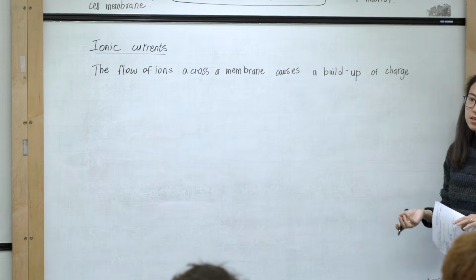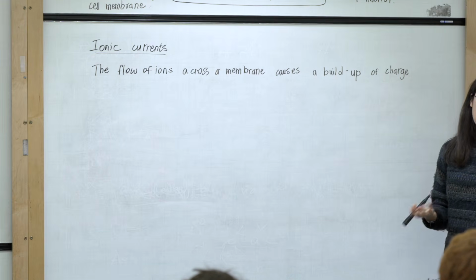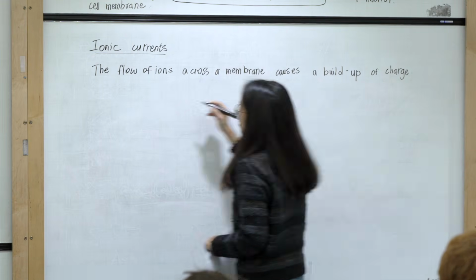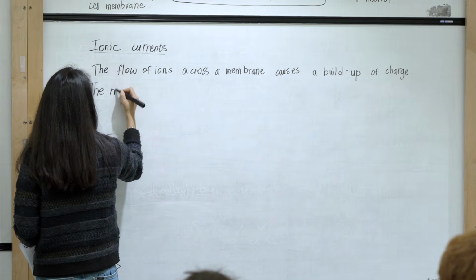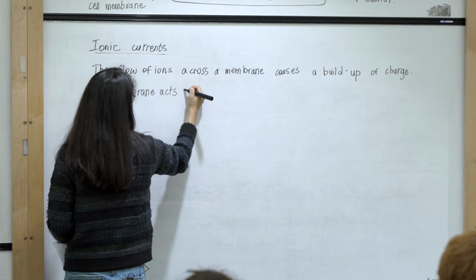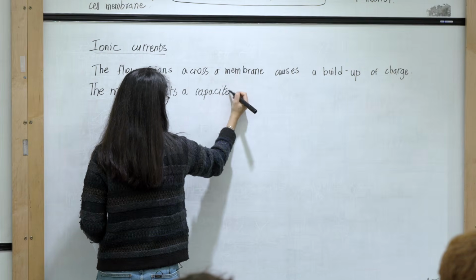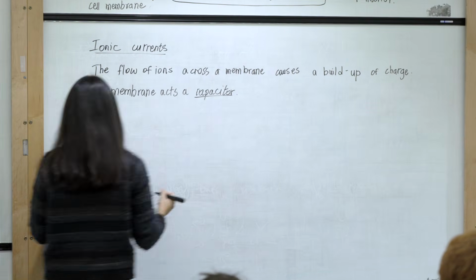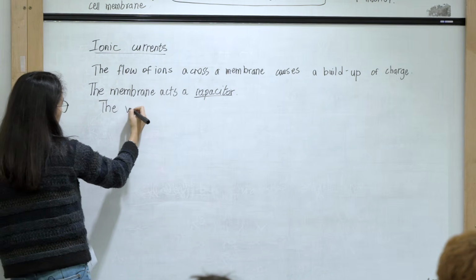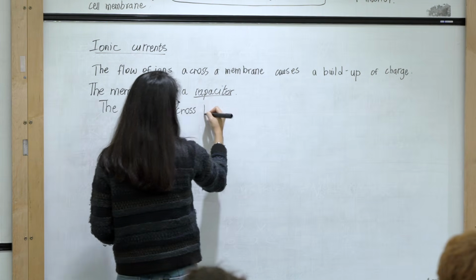So if you know a bit about circuits, you will know that basically when you have this build-up of charges, you will have something known as a capacitor. So this means that the membrane acts as a capacitor. So this means that now we can also compute, for instance, the voltage across the membrane.